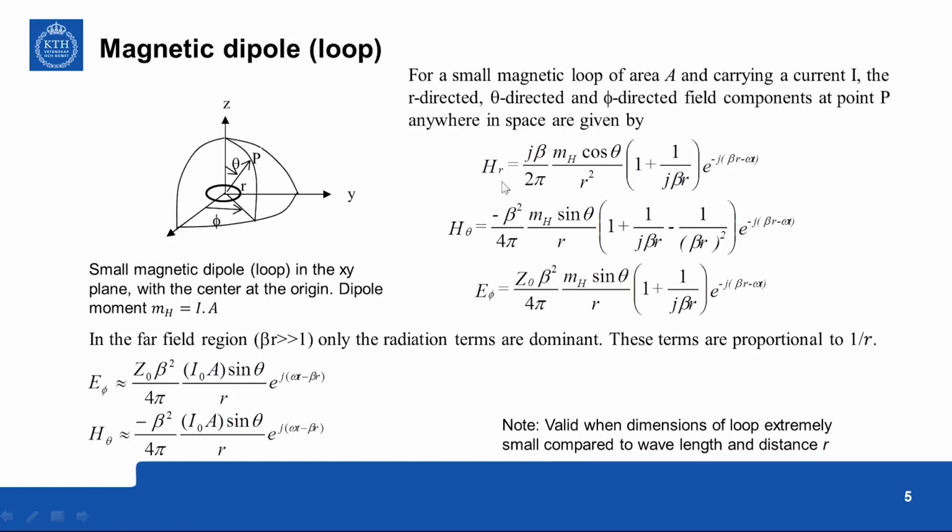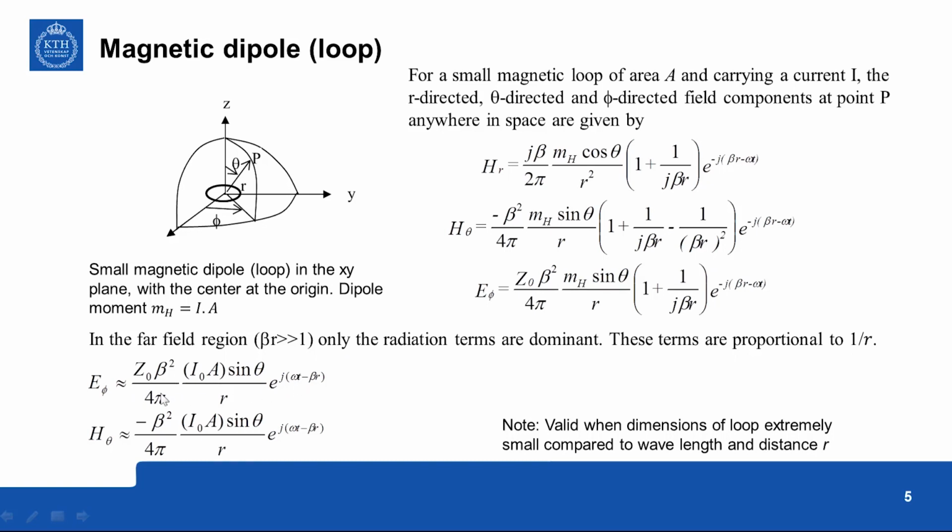So here also these components can vary as 1 over r cubed, 1 over r squared, or 1 over r. And far away, when beta r is far greater than 1, beta is 2 pi by lambda, at far distances we are interested only in terms that vary as 1 over r, because those terms will be the dominant ones and others will be approaching 0.